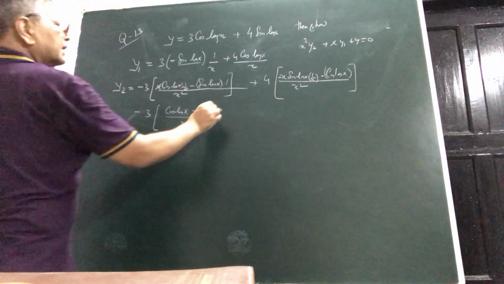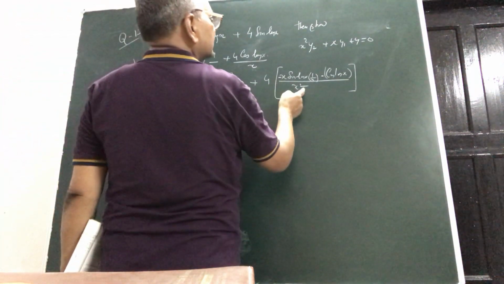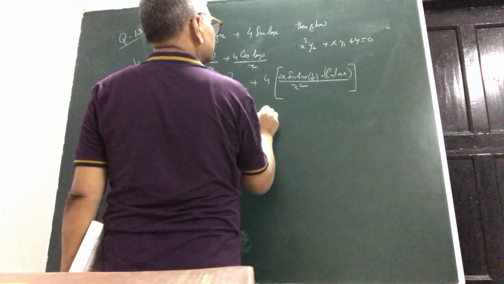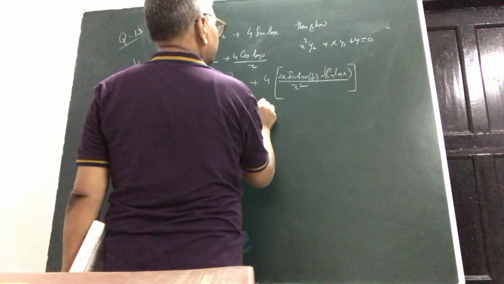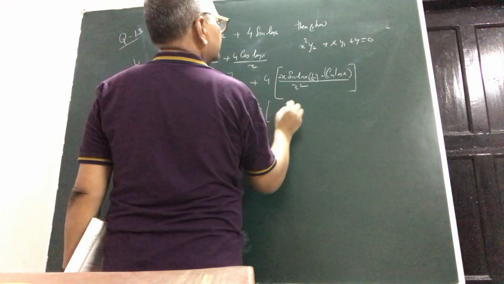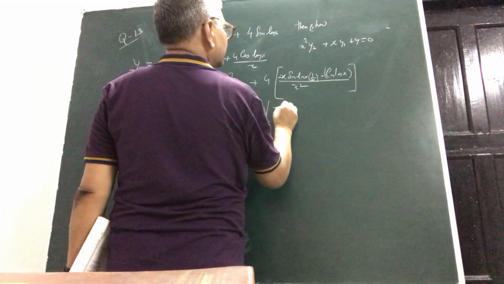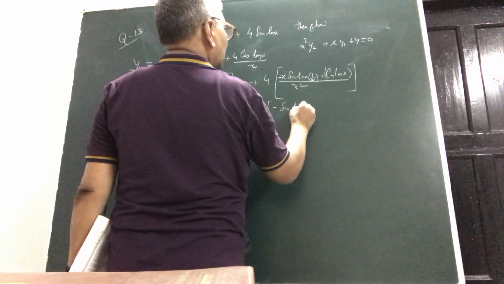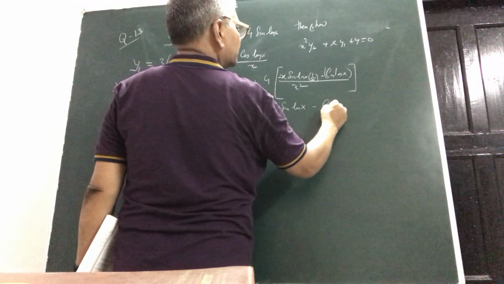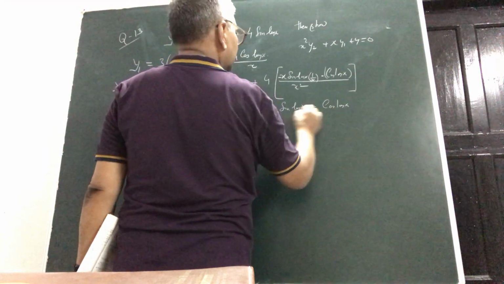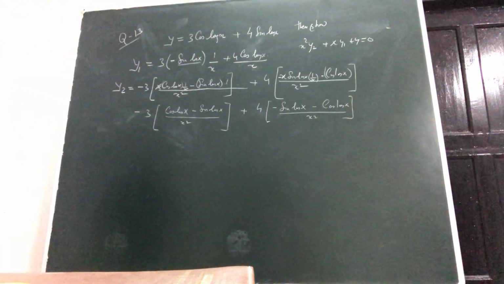And here one x will cancel, so you will get 4 times minus sin log x minus cos log x upon x square. This is your second derivative.